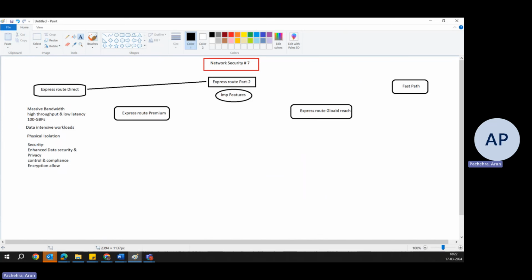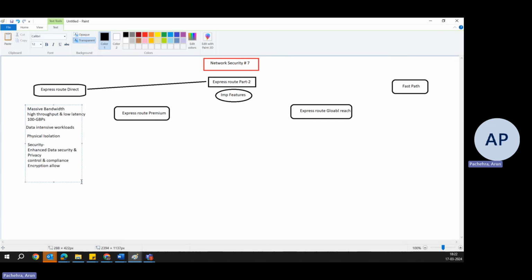For example, a global financial organization, a hypothetical organization or institution, regularly processes terabytes of sensitive financial data, requiring a secure high bandwidth connection to Azure for real time analytics and backup. The institution leverages what? Guess?